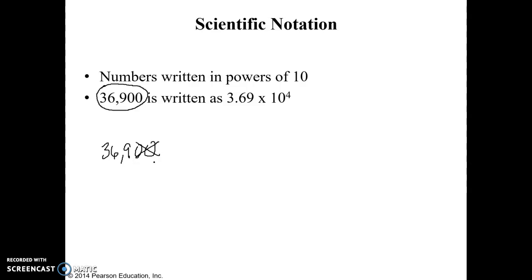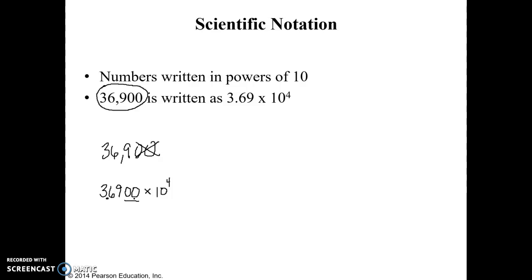So a way we could write this number and make sure that the reader understands that these are significant is to put it into scientific notation. This would be 3.69 and then 0, 0. If we include those zeros in the scientific notation, times 10 to the 4th, that definitely indicates to the reader that these are significant, because we included them.